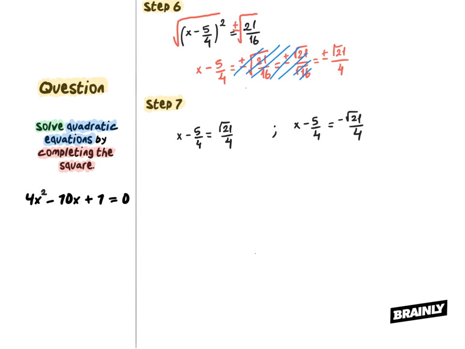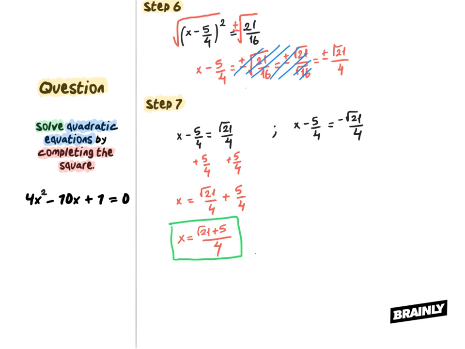In both cases, we are gonna add 5/4 to both sides. So in our first equation, we get square root of 21 over 4 plus 5/4, and you can either leave it like that, or you could write it as a single fraction, square root of 21 plus 5 over 4, so that will be one solution to our quadratic equation.